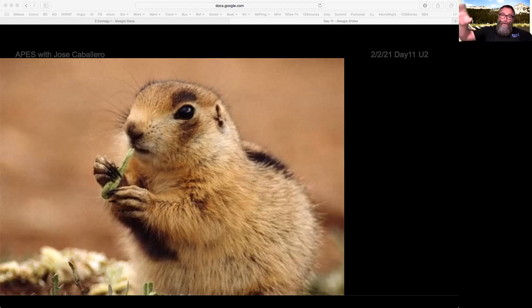A prairie dog will go out, gather a whole bunch of seeds, stuff them in their mouth, and then they run down into their hole. And they do that thing where down the tunnel, they've got one room that's perfectly dry. And so they leave the seeds in there, organized, carefully, dry.